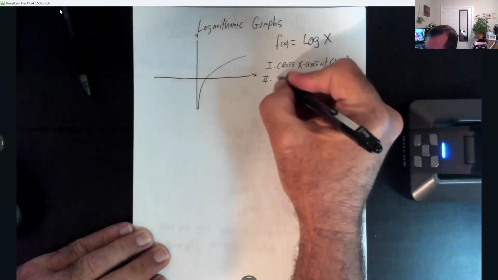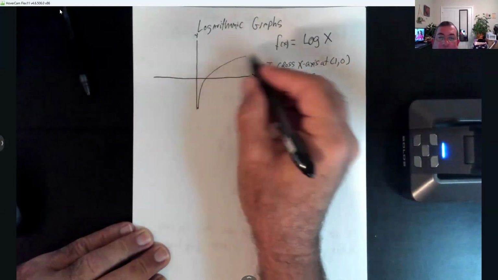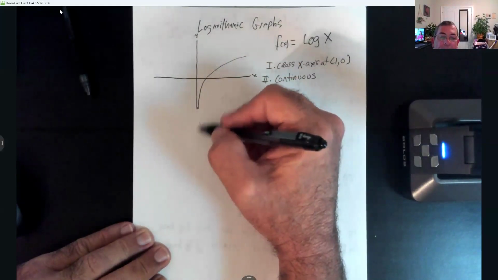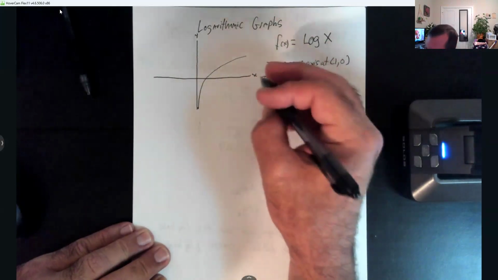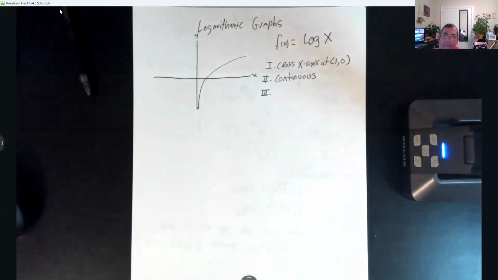They are also continuous. So there's no undefined spots on them. They're just a continuous smooth curve. Okay.